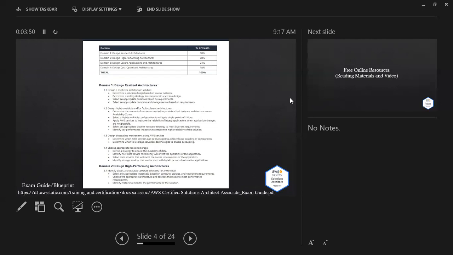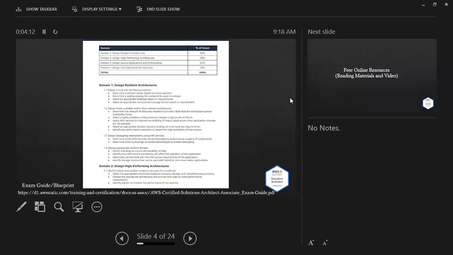The AWS Solution Architect Associate is divided into 4 domains: design resilient architectures, design high performing architectures, design secure applications and architectures, and design cost optimized architectures.